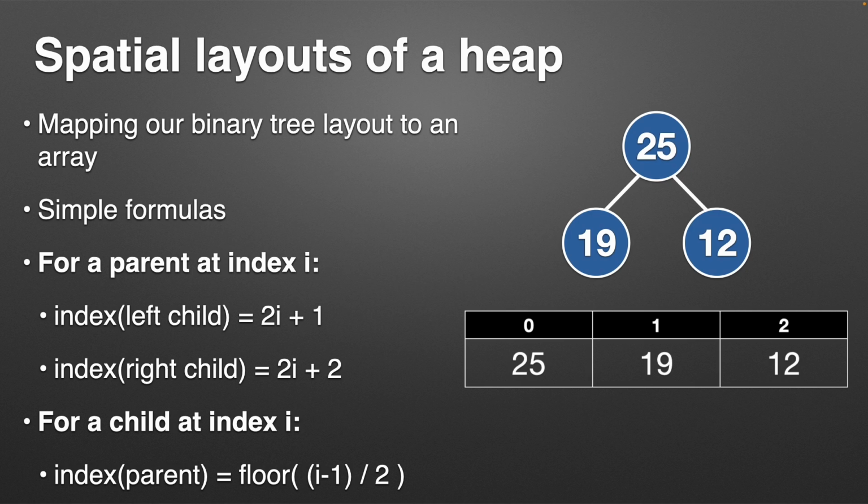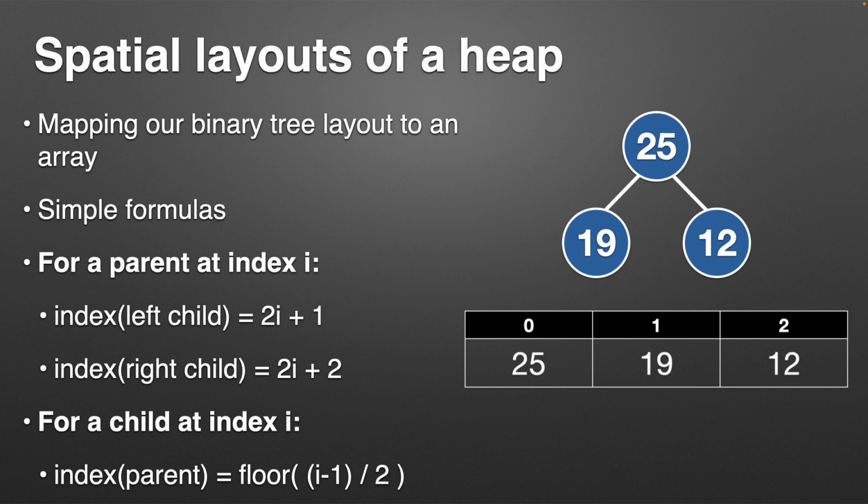And so when we're using a zero-based index on an array, as we do in most languages, you can always find the index of a node's left child by multiplying the node's index by 2 and adding 1. And if you add 2, you can get the right child. And then if you want to get the index of the parent of a node, you can take the index of that child minus 1, divide that by 2, and always round it down. And you'll be put right at that node.